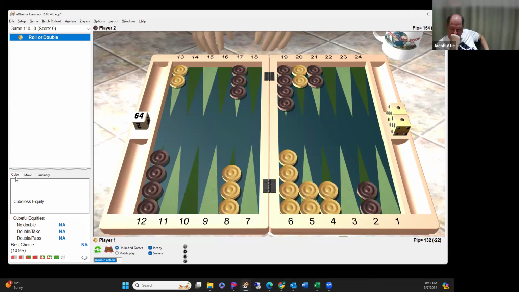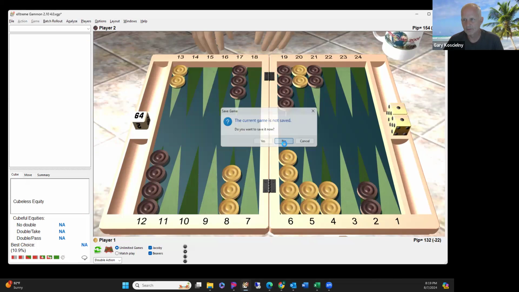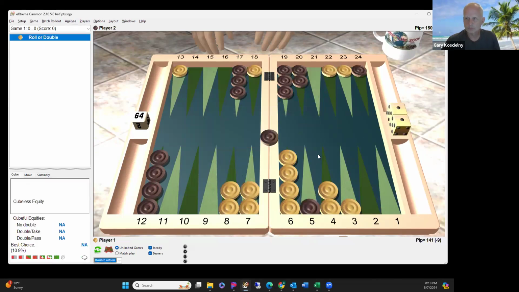Okay, so that's the basic system. I've gone over a few of those already, so we'll go into discussions of what we have in terms of half points when we don't have a clear advantage.